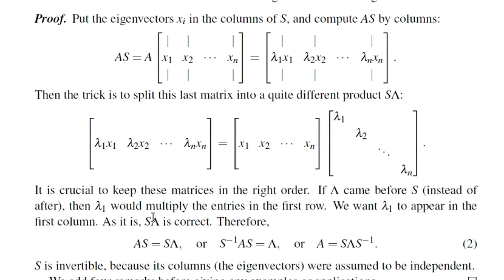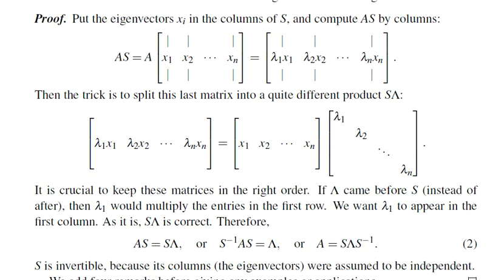So if we want lambda 1, lambda 2 at different columns in particular order, then it has to be S into del, and certainly S inverse A into S is equal to this del, and even A is equal to S del S inverse. So one can try that.